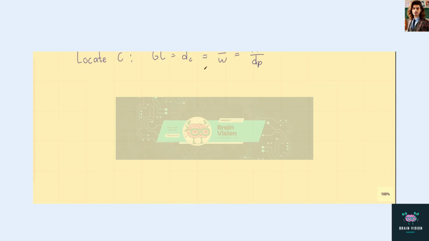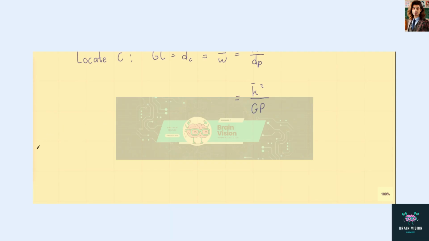So GC is equal to k bar squared over GP as required. So we've located point C, the instantaneous center, with relation to the center of percussion, point P. So GC as required is k bar squared over GP.